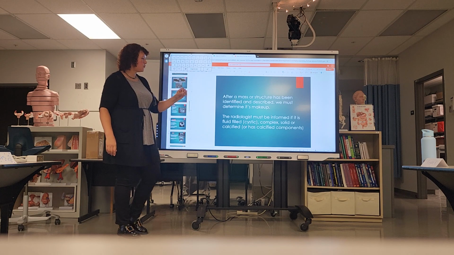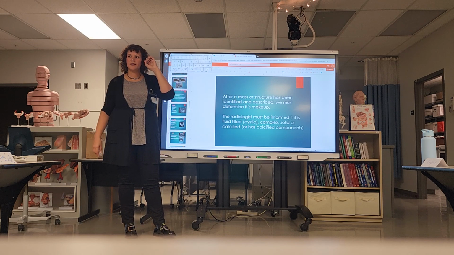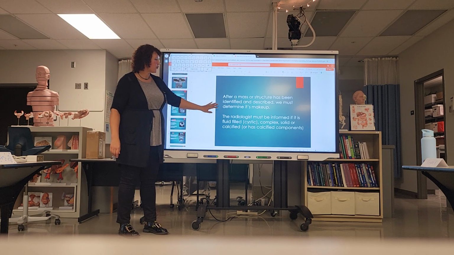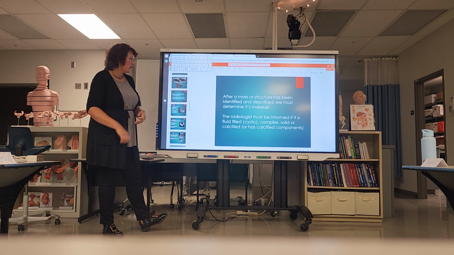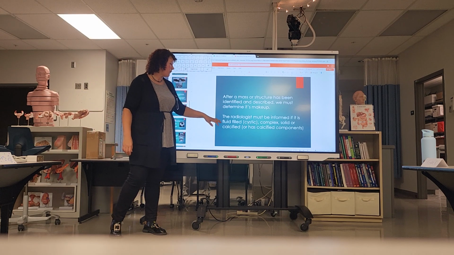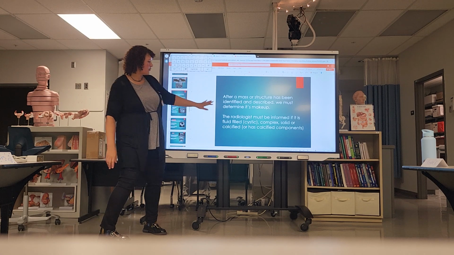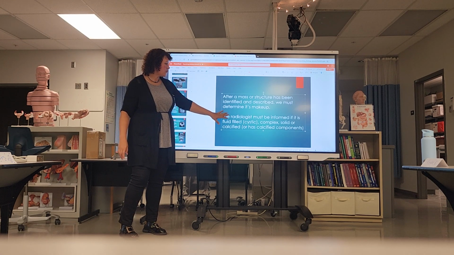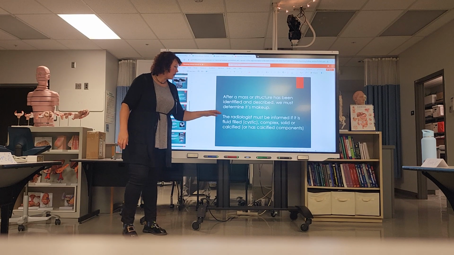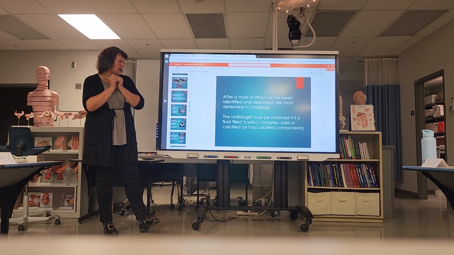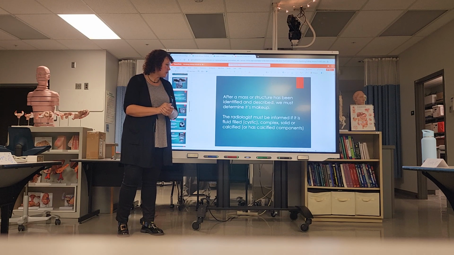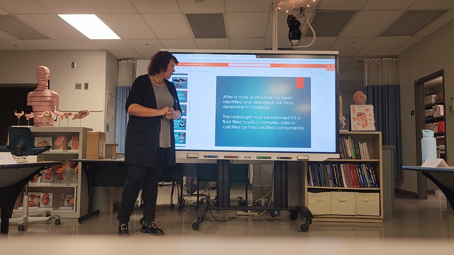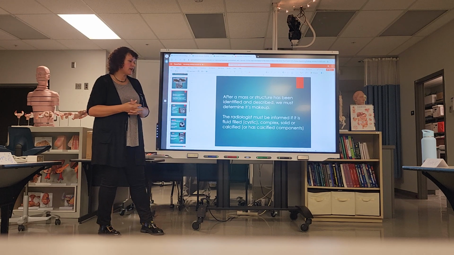Once we identify something that's abnormal, we have to determine its makeup, whether it's solid or fluid. The radiologist must be informed if it is fluid filled. You have to say in your notes to the radiologist, once you find a mass, whether it's cystic, complex, solid, or calcified, or has calcified components.